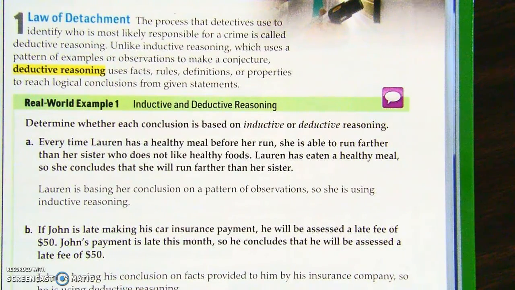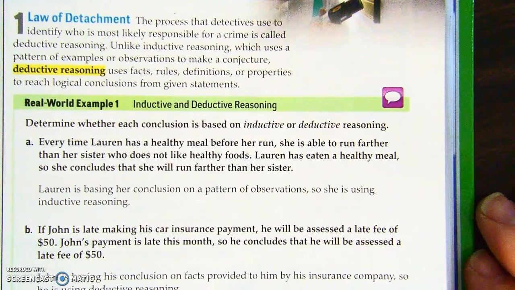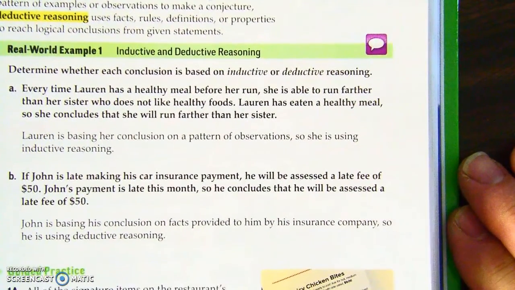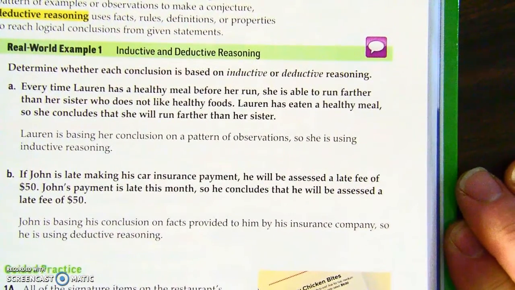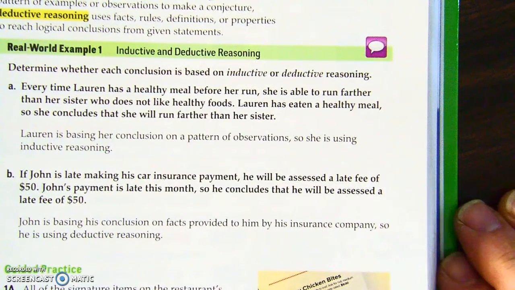John's payment is late this month, so he concludes that he will be assessed a late fee of $50. So is this based on a fact, rules, or is this based on a pattern of scenarios? Okay, so John is basing this on facts provided to him by his insurance company, so he is using deductive reasoning, okay?